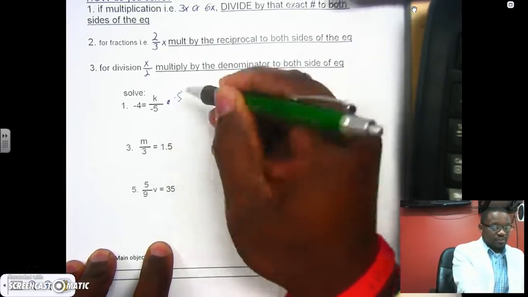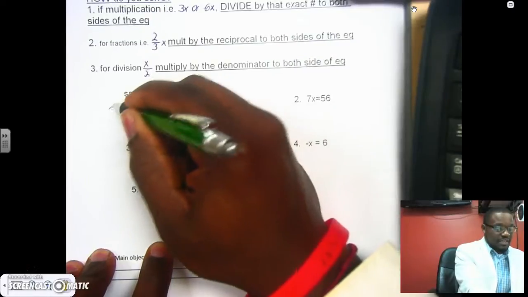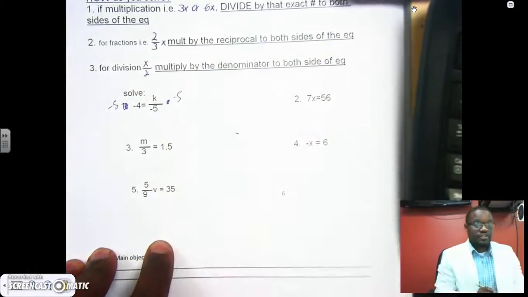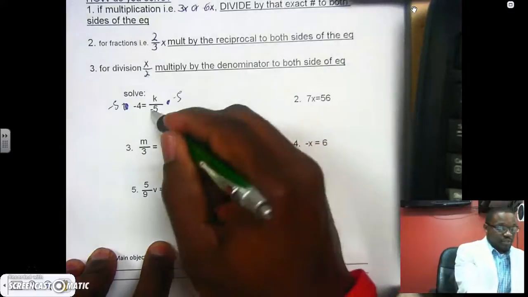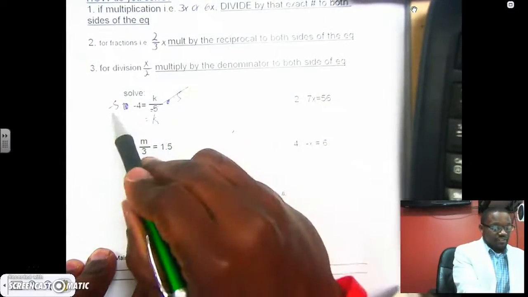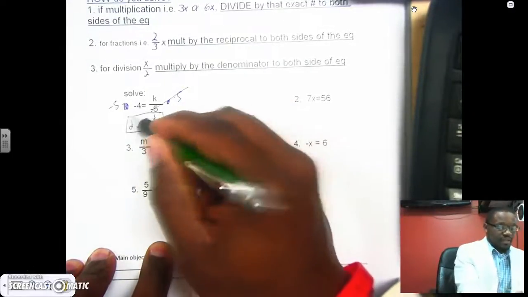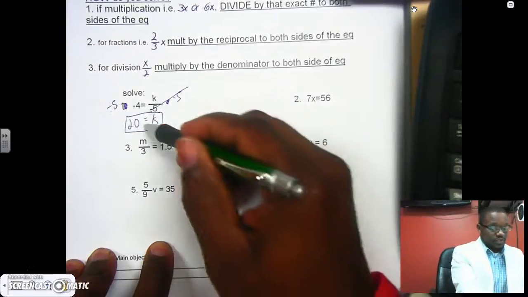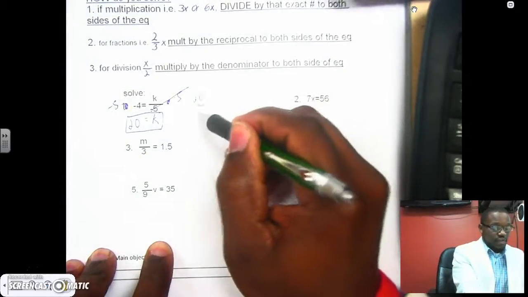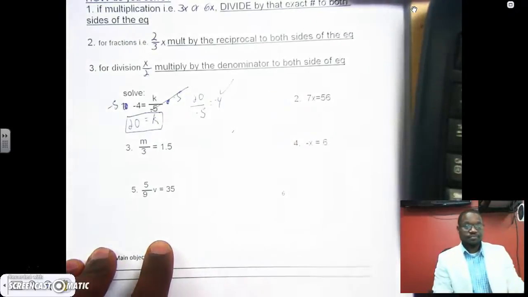A dot or parentheses means multiply. Those two cancel out, and all I have left over is k. Now, what's -5 times -4? That's 20. You can check that by saying 20 over -5 equals -4, which is a true statement.